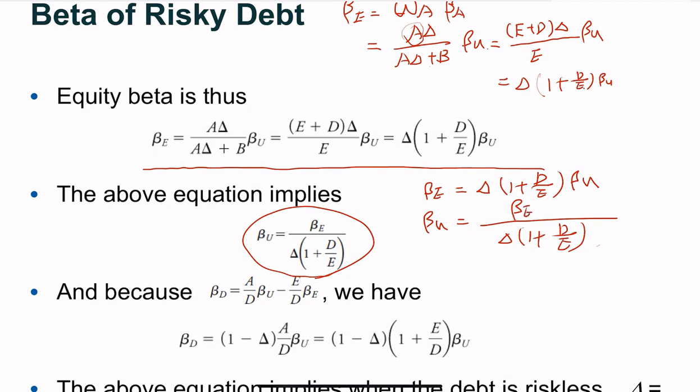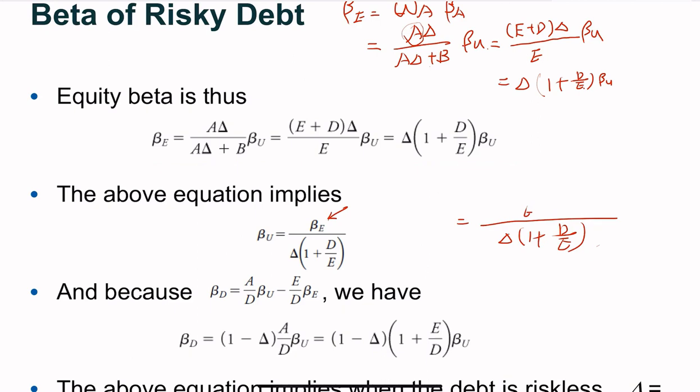Obviously you can see that according to this formula, if you tell me beta U, I can tell you beta E. And if you tell me beta E, I can tell you beta U, right?